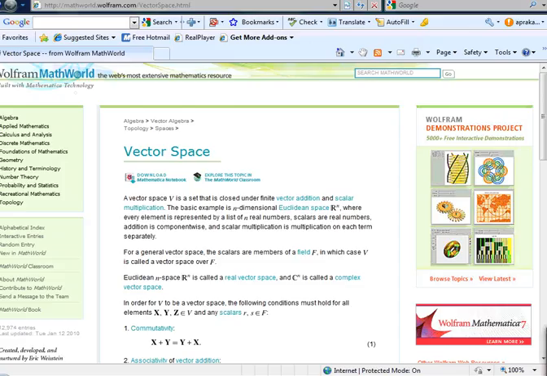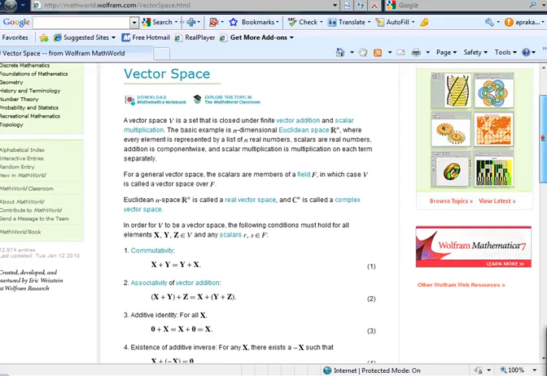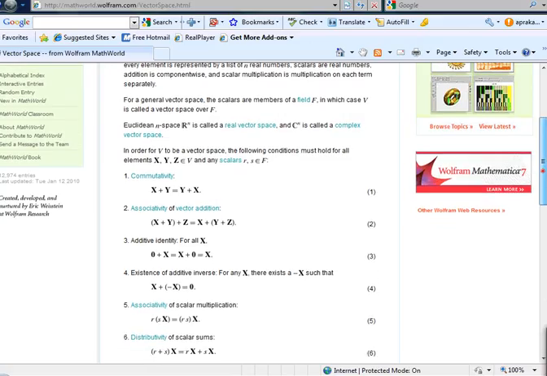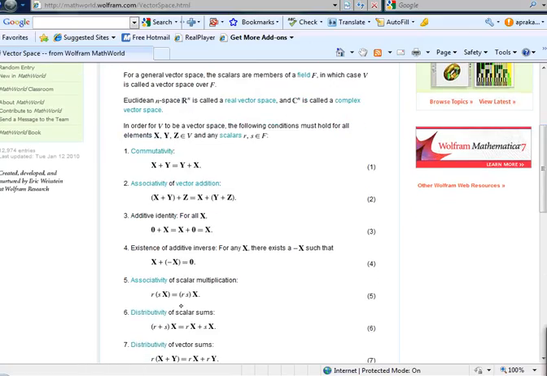Okay, so the important thing that I want to point out here is that any vector will have certain properties. That's the way we define what a vector is. So a vector is a quantity that follows these laws, these 7 laws. A vector has to be commutative, associative, it has to have an additive identity, additive inverse, associativity, distributivity, and another distributivity.